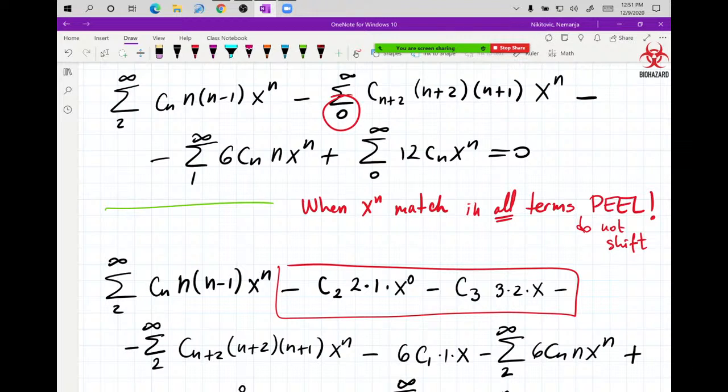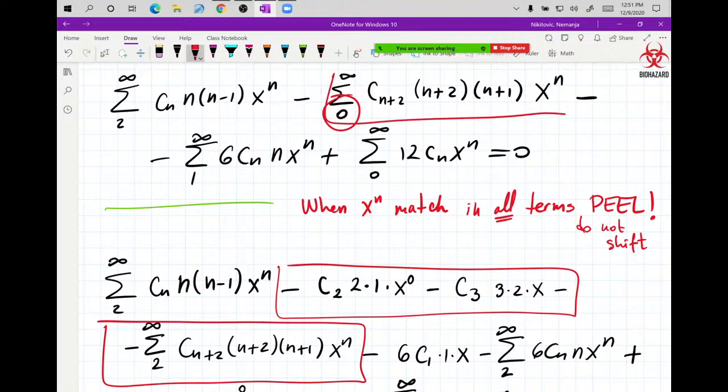These two terms here are 0 and 1 terms from this series. So those are the ones. And then you can see that exactly the same series here is the same as this one. It just starts at 2 because we peeled off n equals 0 and n equals 1. We peeled those terms out, and you're just left with the rest of the terms.